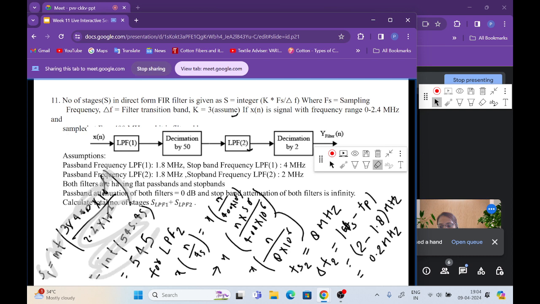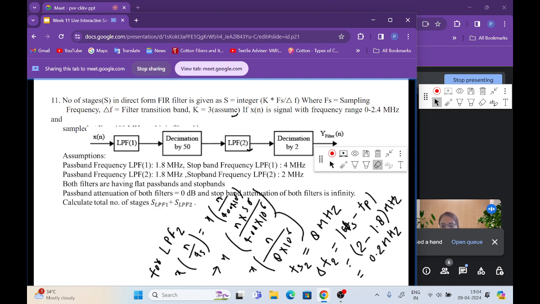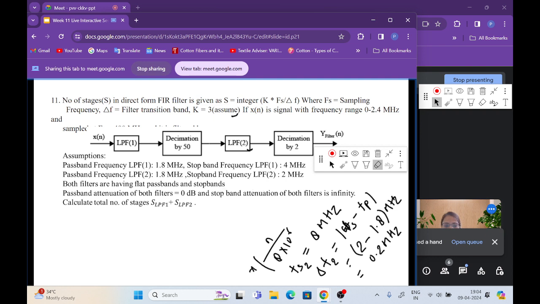Just remember that we have got S1, the number of stages for low pass filter 1, as 545.